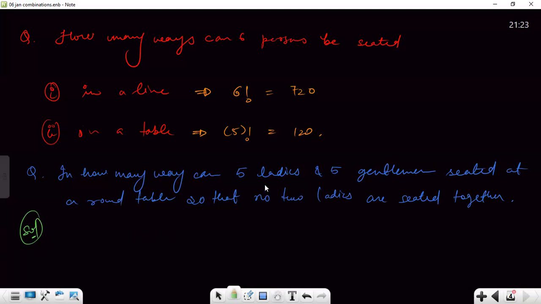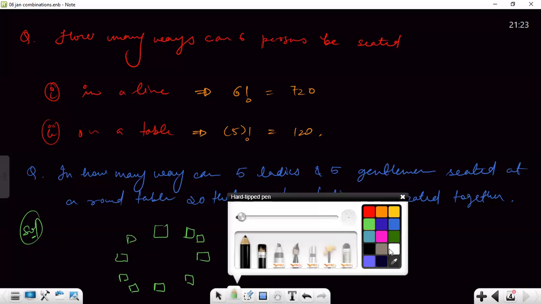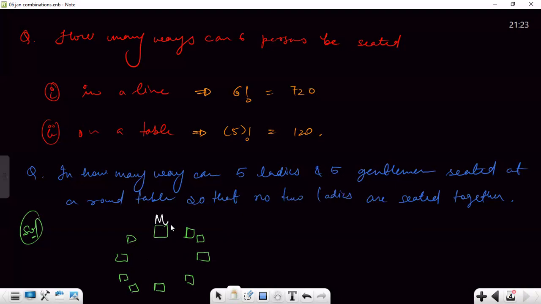It's simple. There are 10 people, so there will be 10 seats. First, we need to fix someone. Let's say we have fixed a male person.